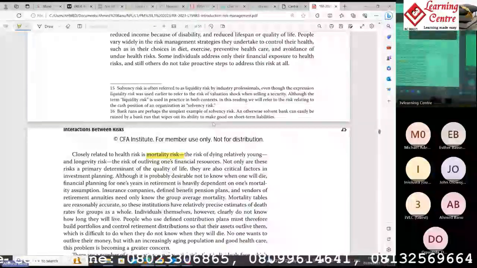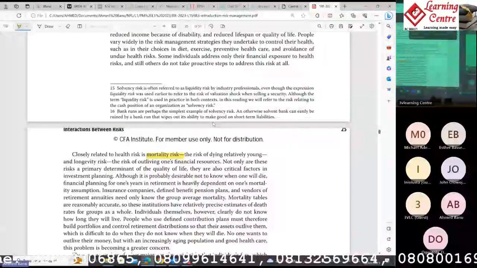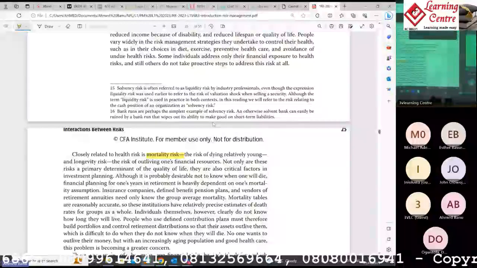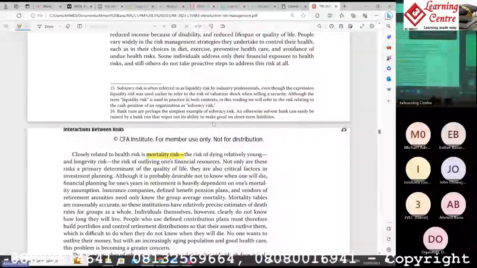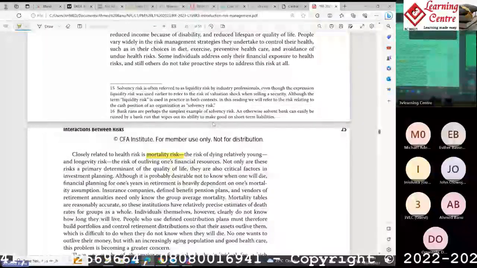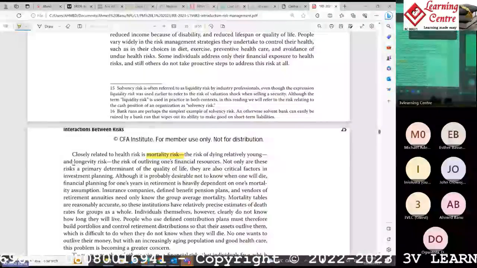On the way, the guy died. So that's dying young. That's mortality risk. A lot of people don't like talking about it, but it's there. And that's what insurance is there for. Then the next is longevity risk.